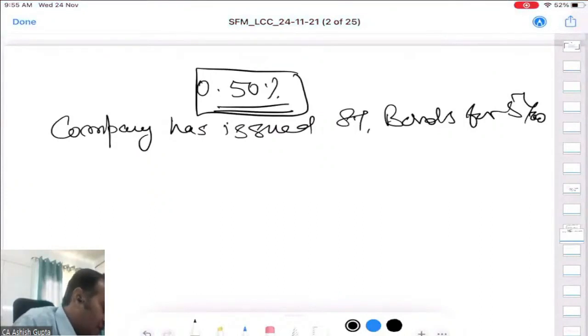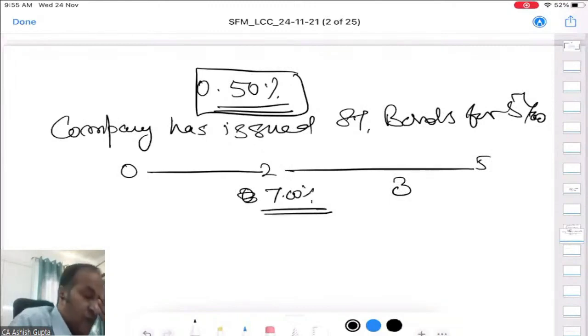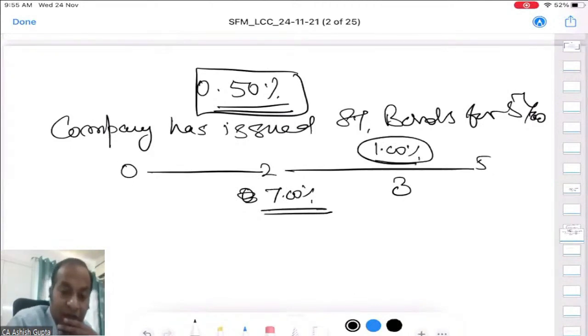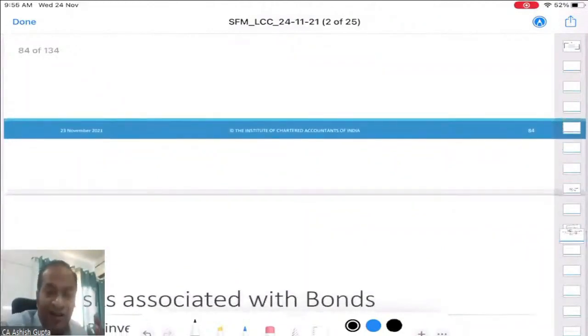Say after 2 years, the rate of interest has become 7%. Of course the company is paying 1% higher than its peer. So in that case, it is called interest rate risk.